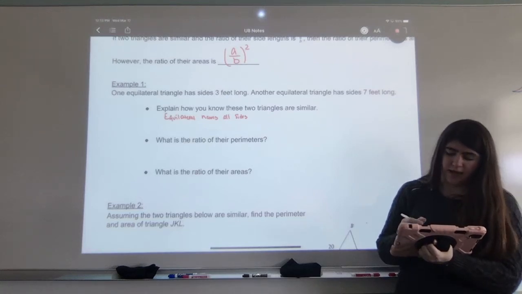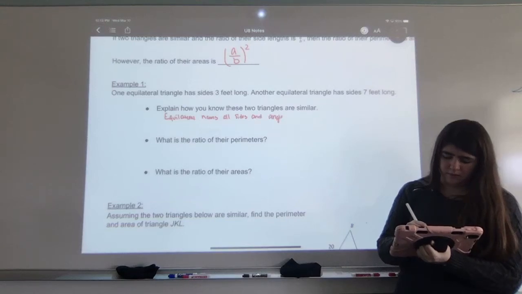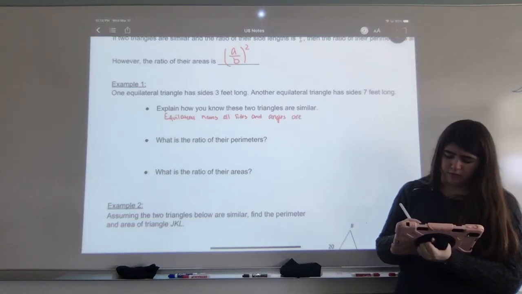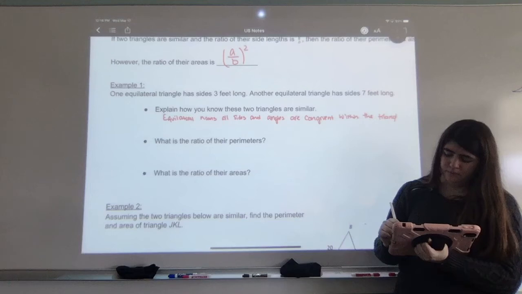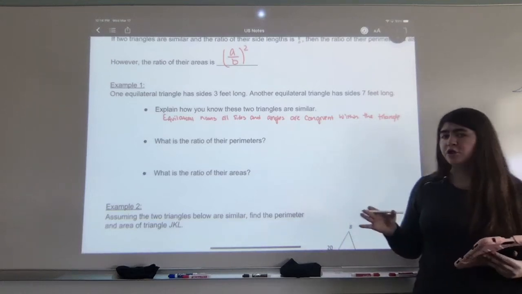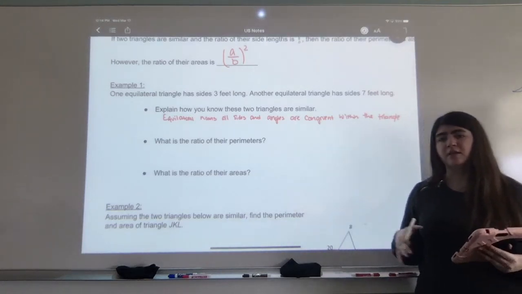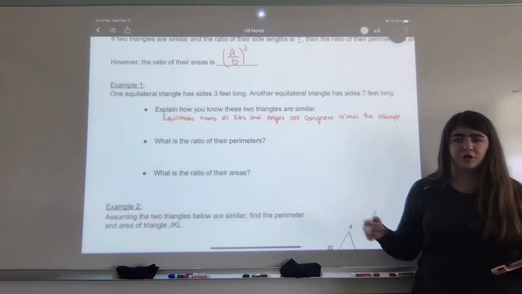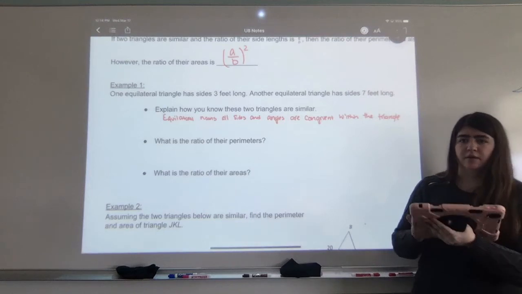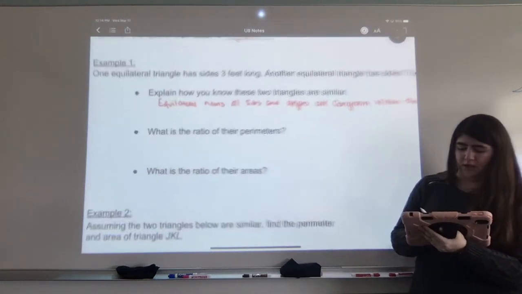All sides and angles are congruent within the triangle. Which means that the ratio between all side lengths will always be the same, because the side lengths will have the same measure no matter which sides you're pointing at. That's what that means. And we can add that too.